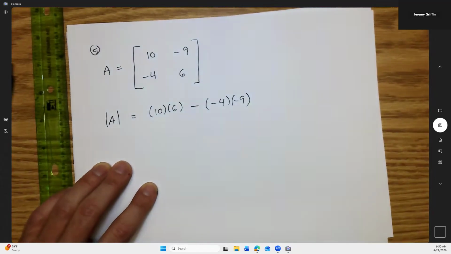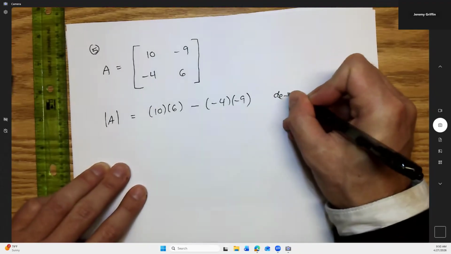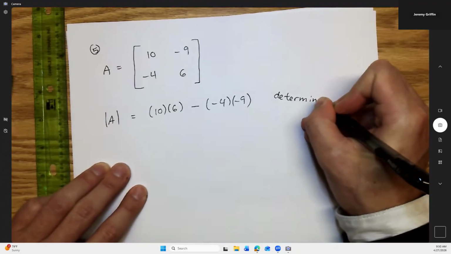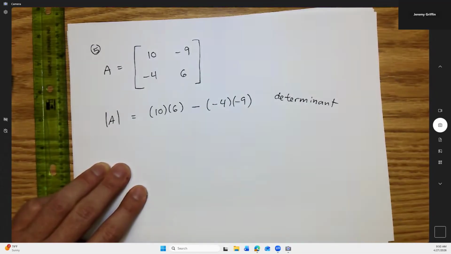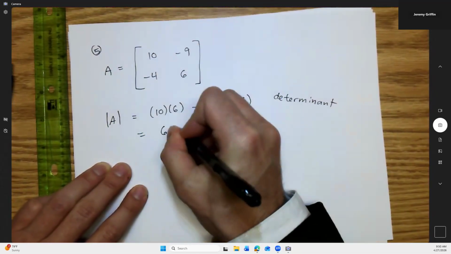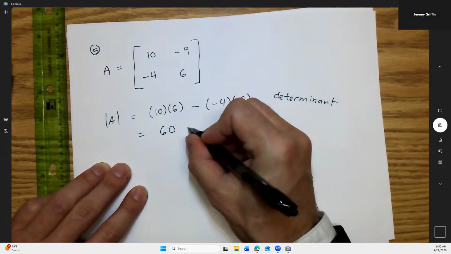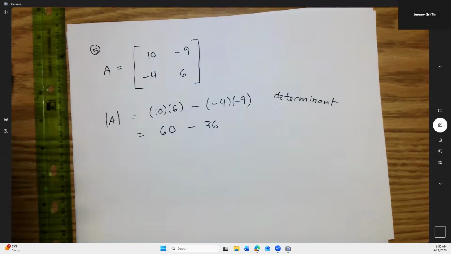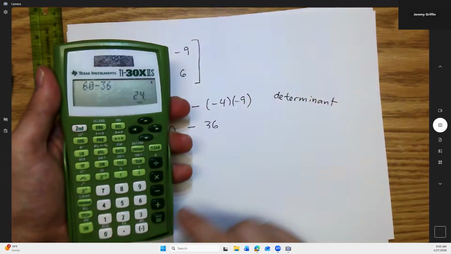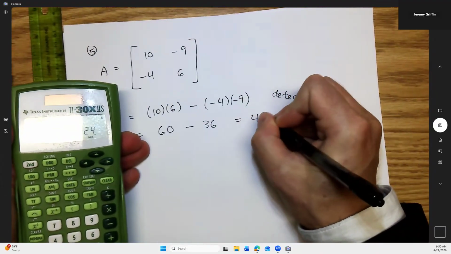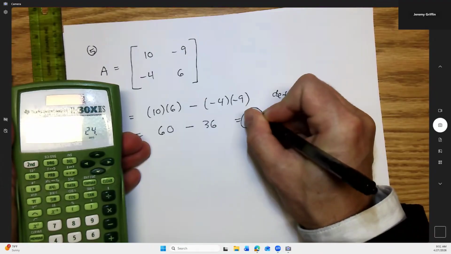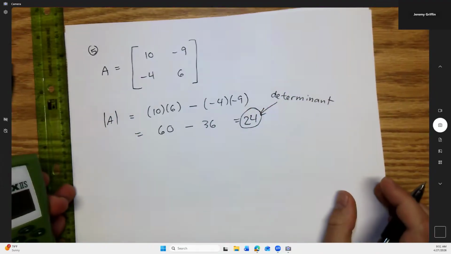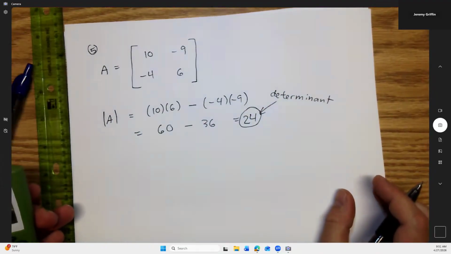Here, I'll spell it out: determinant. So that looks like 60, and then ooh, 3 negatives. That's overall negative 36, which is 24. So the determinant of that 2 by 2 matrix is 24.